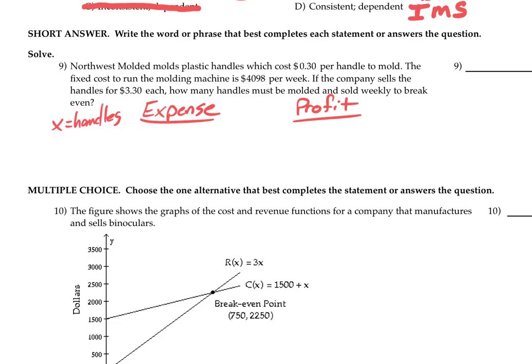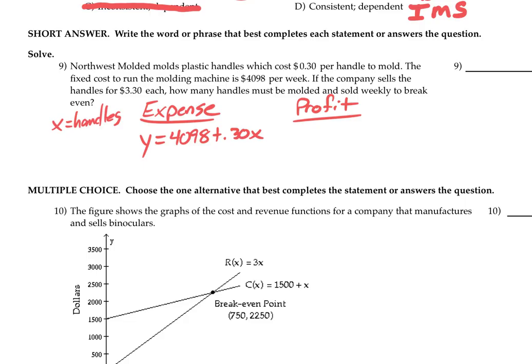So we're looking at a weekly cost here. It would be... and it's 30 cents per handle. So that would be my two expenses. $4,098 is just a fixed expense. For the whole week, it costs that much money to run the machine. And then it's 30 cents per handle. So those are both expenses.